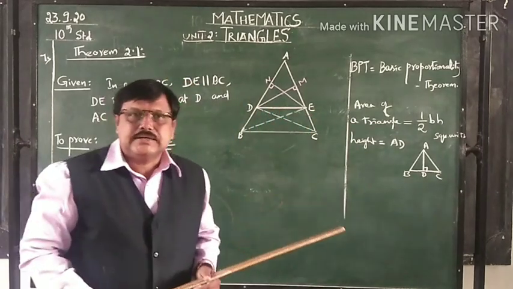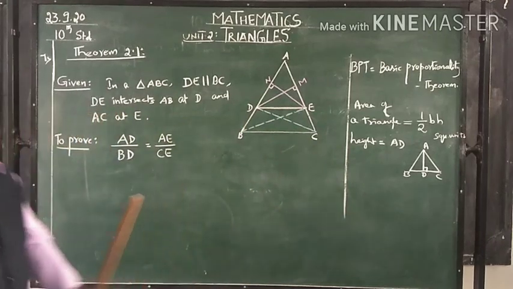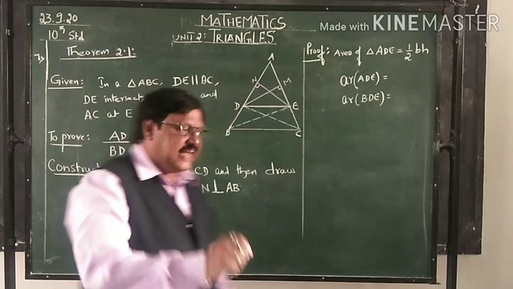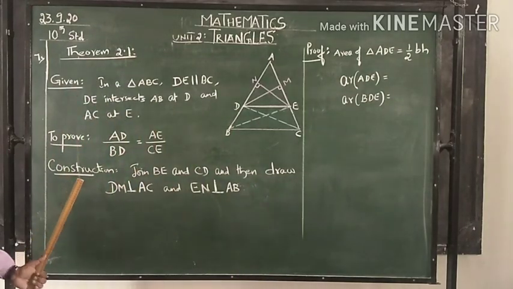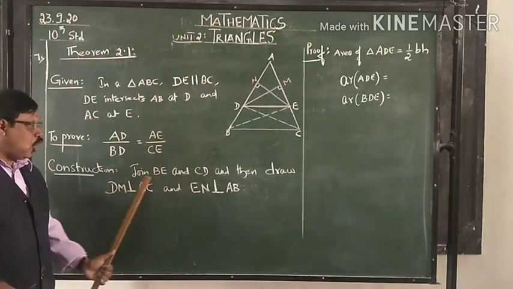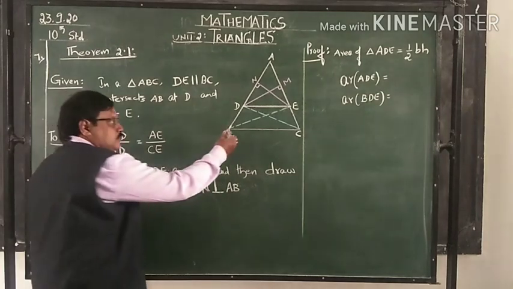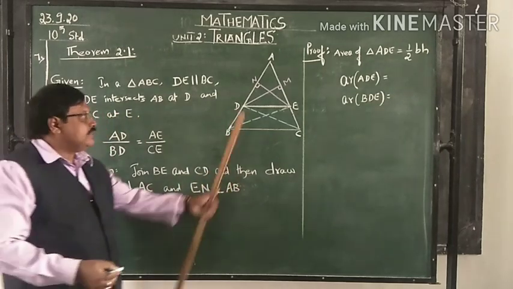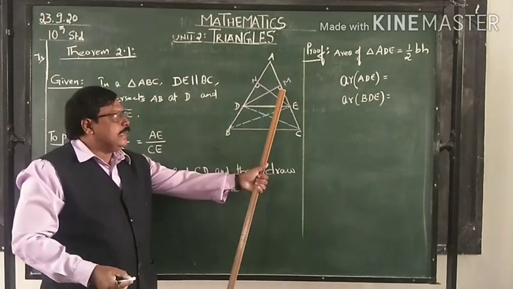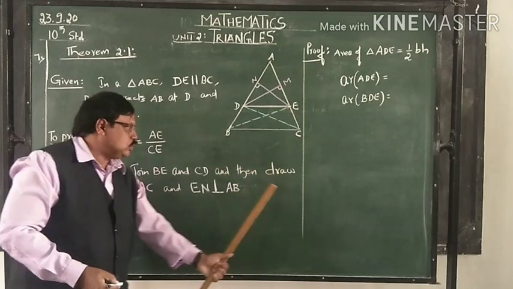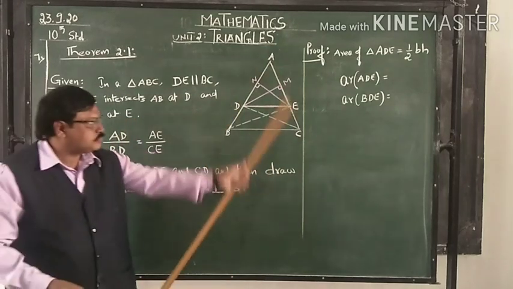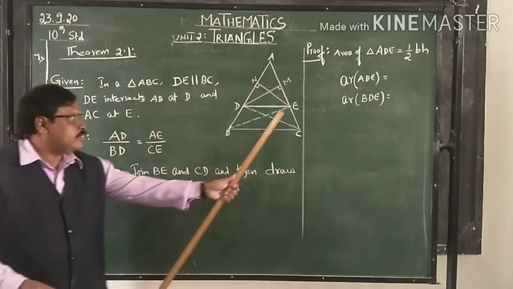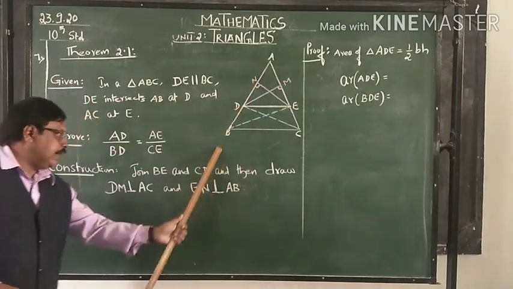This is the construction. Students, I can write in this construction step: join BE and CD, join BE and CD, and then draw DM perpendicular to AC, the perpendicular altitude, and EN perpendicular to AB.